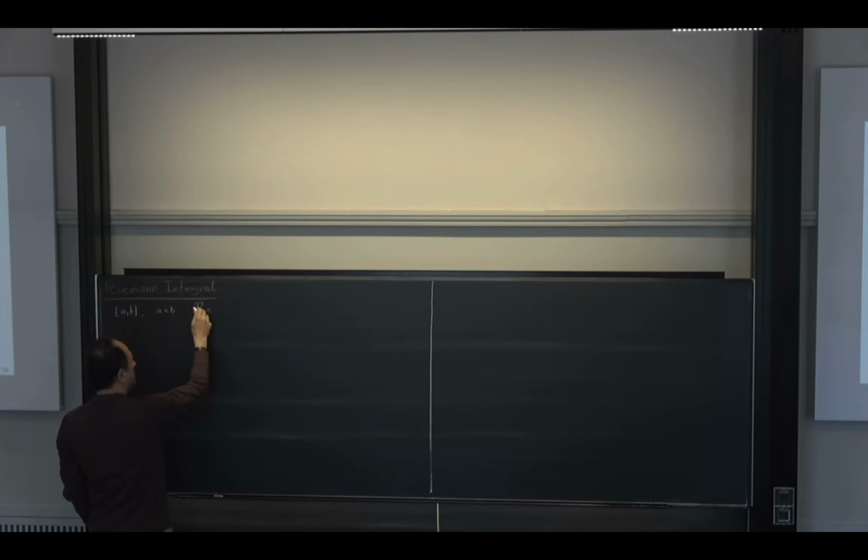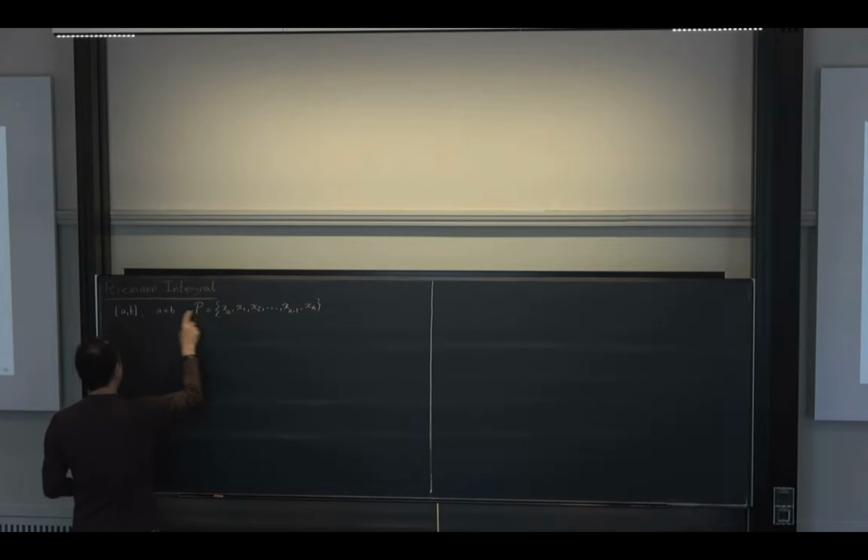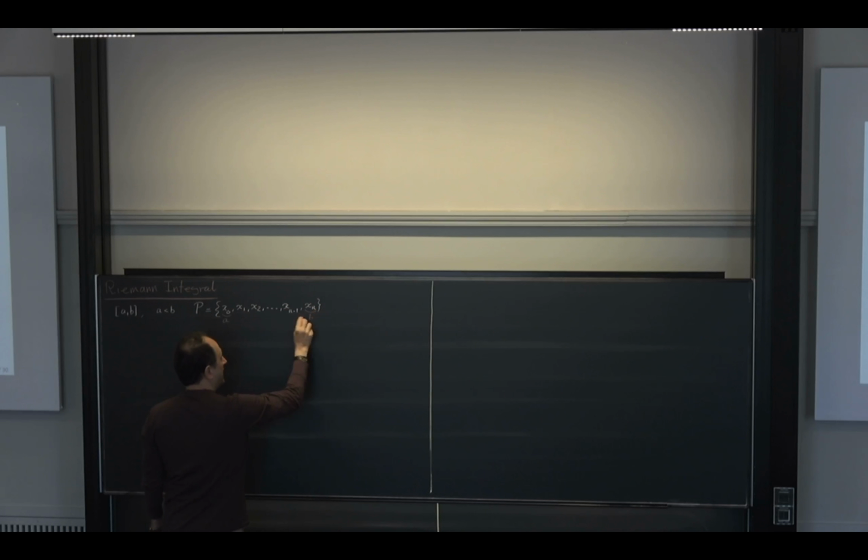So when I say that I have a partition of my interval, it means that I have a bunch of points, x0, x1, x2, up to the last one, let me call it n, so the previous one is x_{n-1}, and the last one is x_n. This is the convention we use: x naught is always the first one, and x sub n is always the last one.